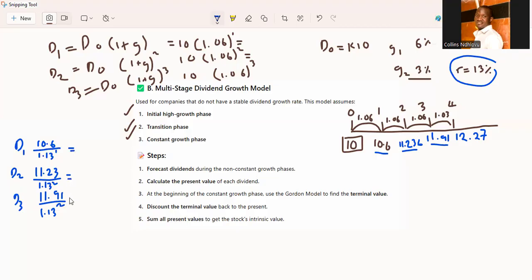So what is 10.6 divided by 1.13? 9.38. Then 11.23 divided by 1.13 squared is going to be 8.79.